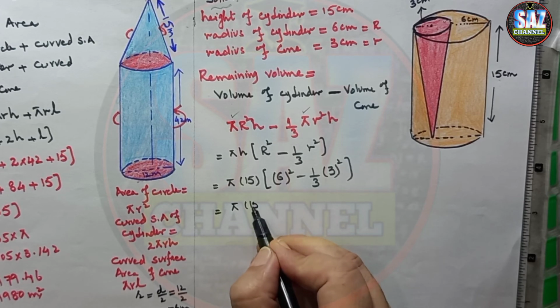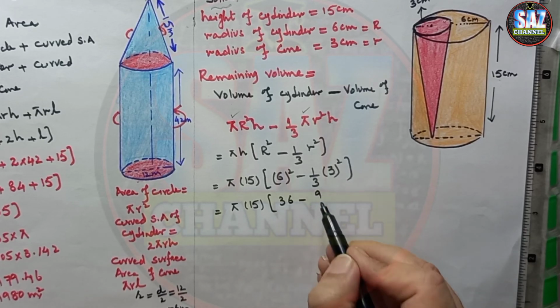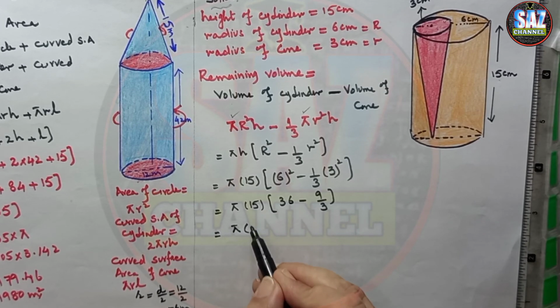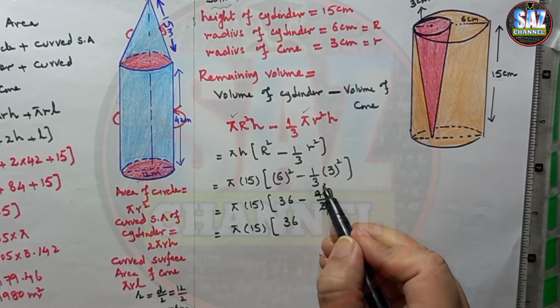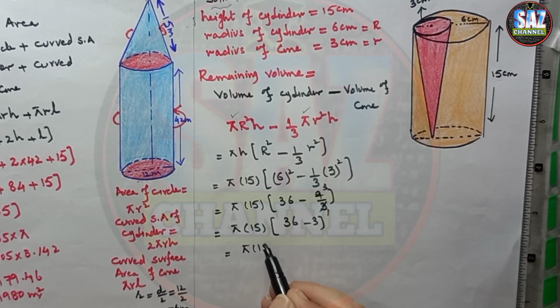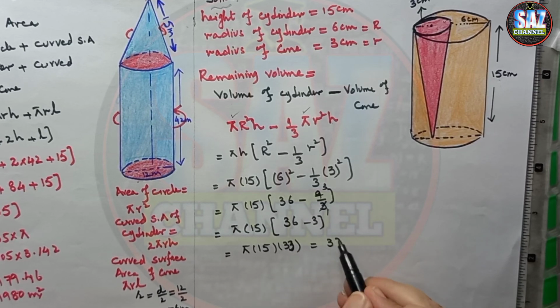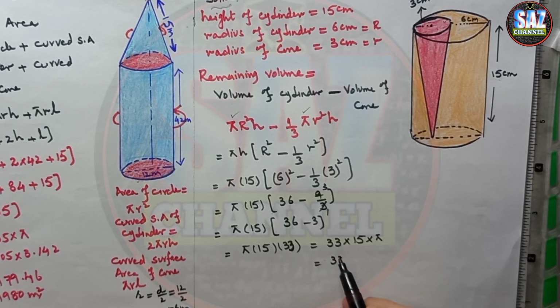Pi into 15 into 36 minus 9 by 3, and if the tables are good, then the calculation is no longer difficult. 36, minus 3, and the expression takes the form pi into 15 into 33. I can write it as 33 multiplied by 15 multiplied by pi.